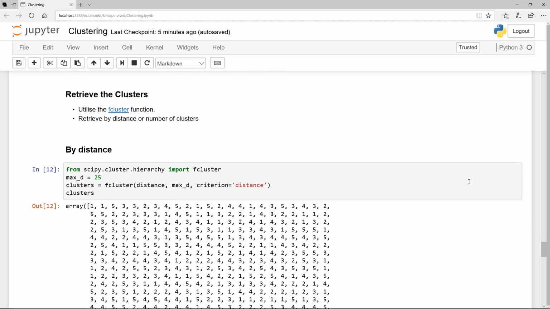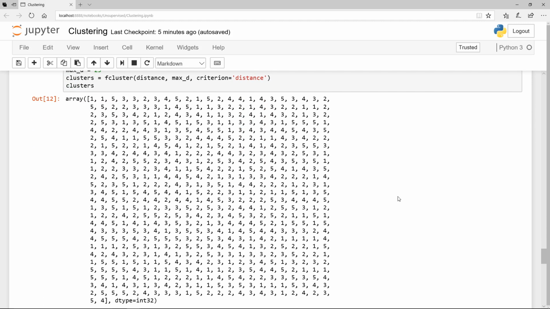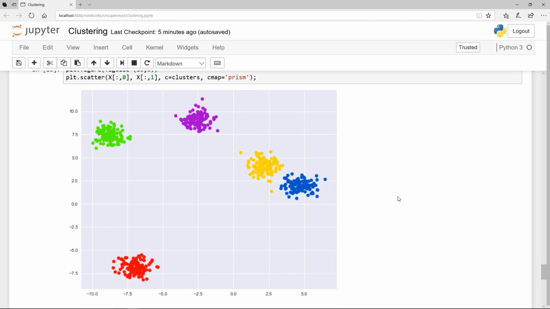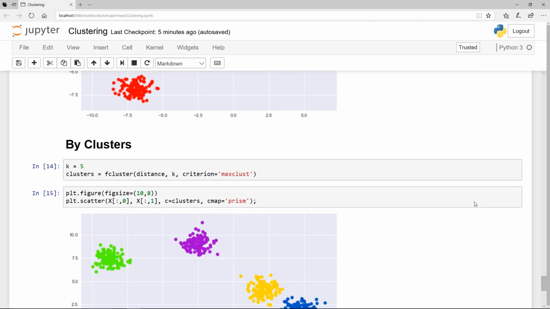After that we utilized the fcluster function to retrieve the so-called allocation of the cluster for each observation. And after that we did some visualization that presented it this way. Makes it nice and easy, or quite visually appealing to present to management, and also helps us to actually understand the underlying structure as well.